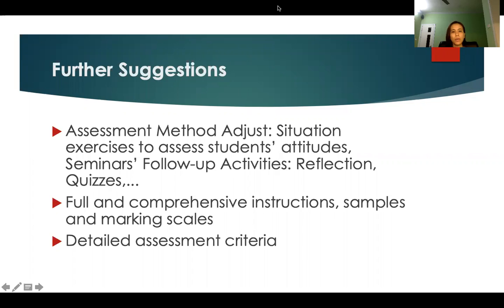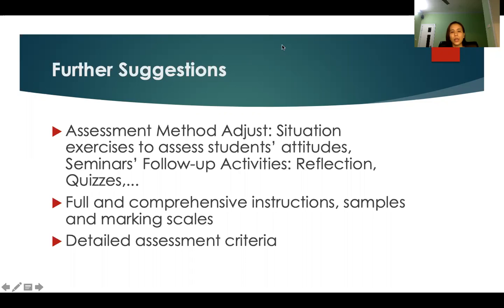And there should be full and comprehensive instructions for both teachers and students when it comes to the scoring procedure, the marking procedures. There should be samples and marking skills for the seminars and the essay questions.